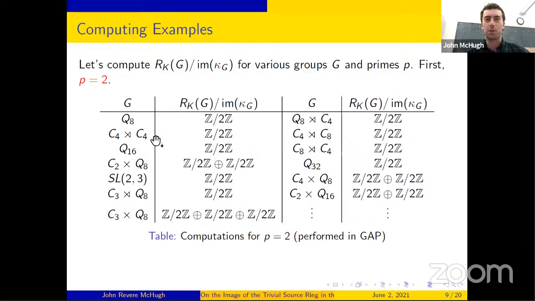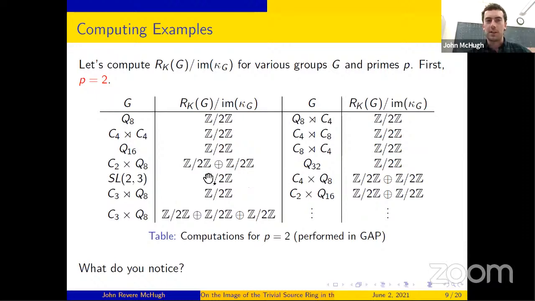I omitted any group for which the co-kernel is 0. I only included groups in this table for which the co-kernel is non-trivial. And there's something striking about this table. First of all, the output is just finite dimensional vector spaces over Z mod 2Z, if you want.